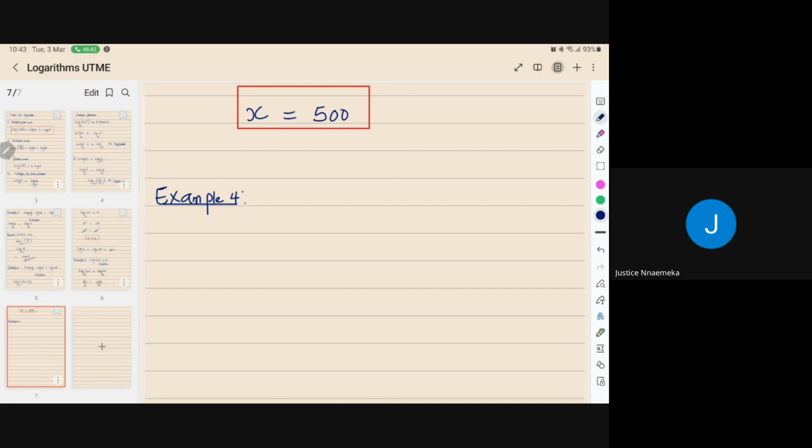They said I should simplify log x plus 3 equal to log 7. So let's see what we can do based on what we've learned so far. So, solution.